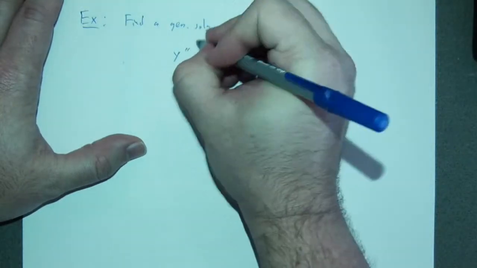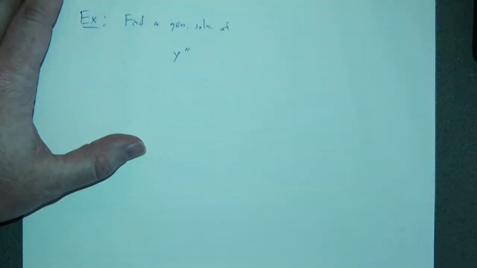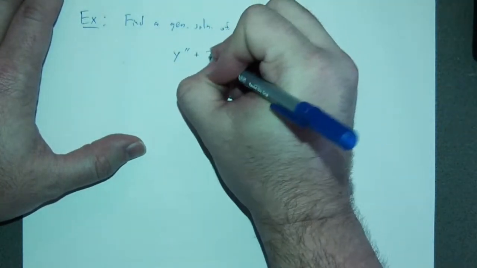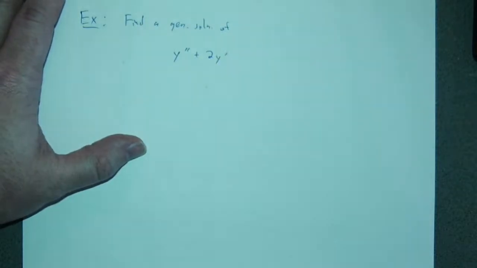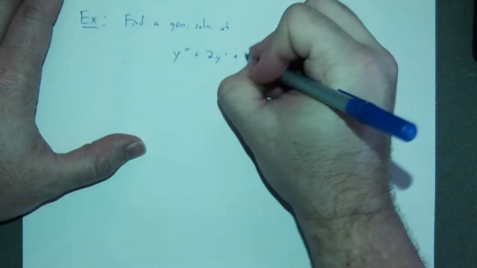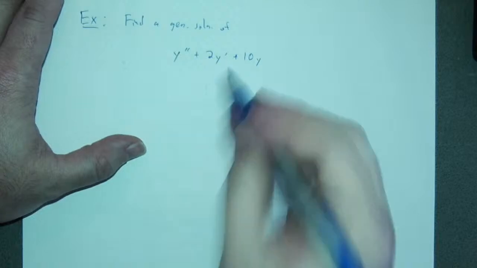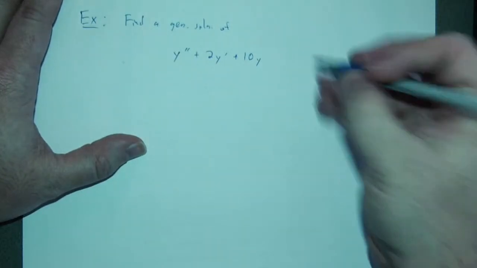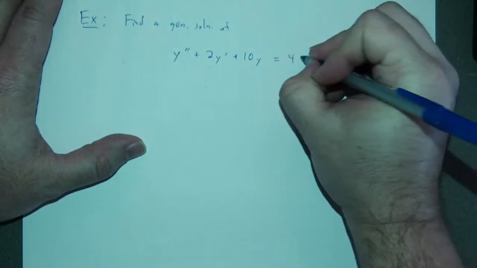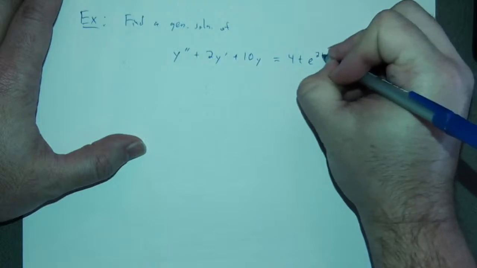If you look at this example in the notes, there's a typo. But what I'm writing down is the correct one. So y double prime plus 2y prime plus 10y is equal to 4t e to the 2t.